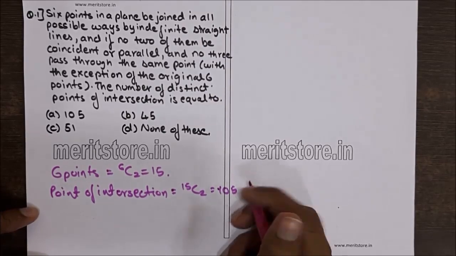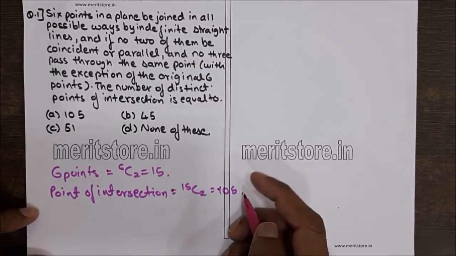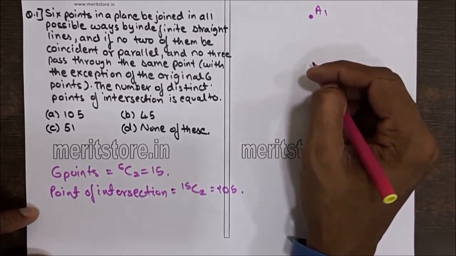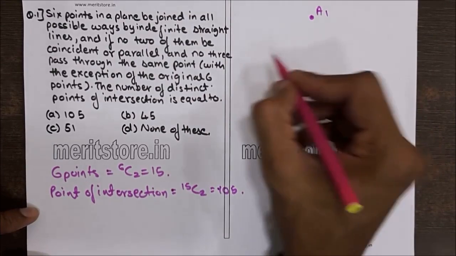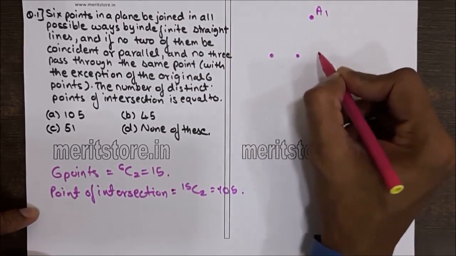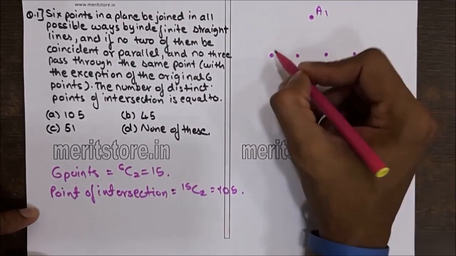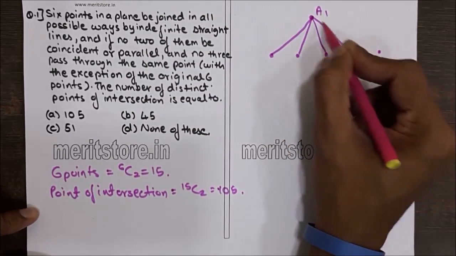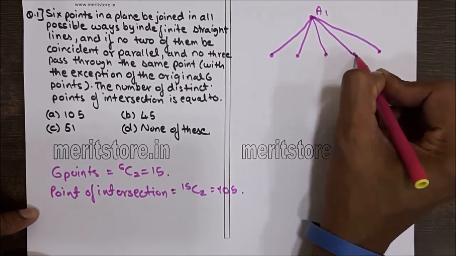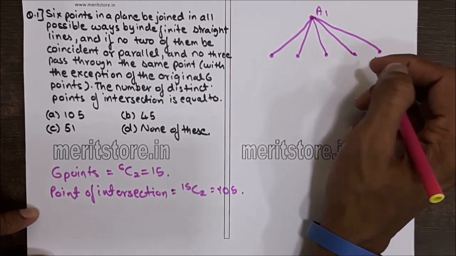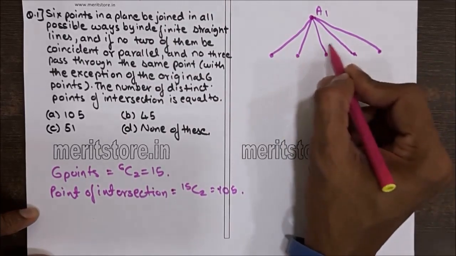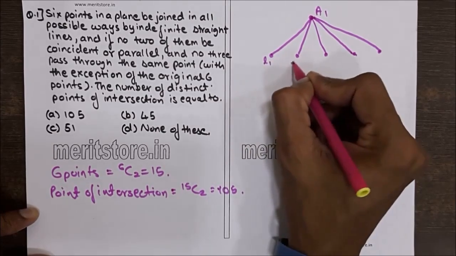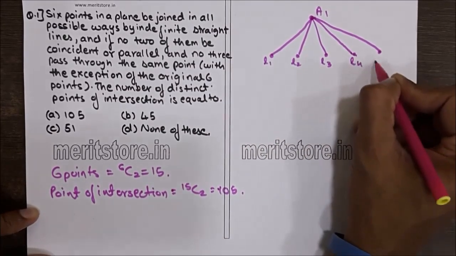Now we find the number of times the original 6 points come. Consider a point, that is A1, joining A1 to the remaining 5 points. If we join these points with A1, we get 5 lines, which we keep as L1, L2, L3, L4, and L5.